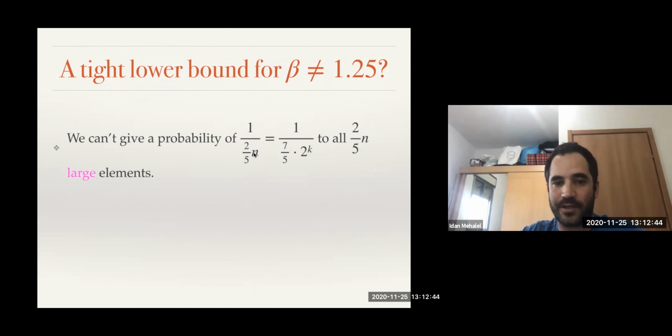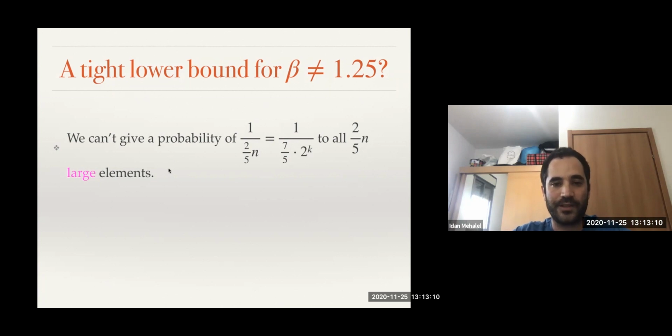But in this case, because of the form of n, this probability is not dyadic. It's 1/(7/5 times 2 to the k), and this is not a probability of the form 1/some power of 2. So we can't do that, because we would get a distribution which is not dyadic. But we can try to fix it.